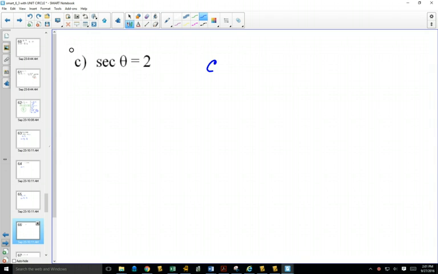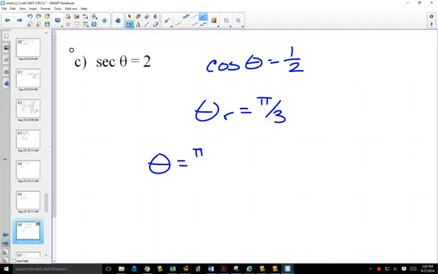Again, if you know secant, you can write cos because it's the reciprocal. If cos of theta is equal to 1/2, do we ever have 1/2 as an x-coordinate on our unit circle? What family? Pi over 3 family. It's positive, so it'll be in quadrant 1. And quadrant 4.